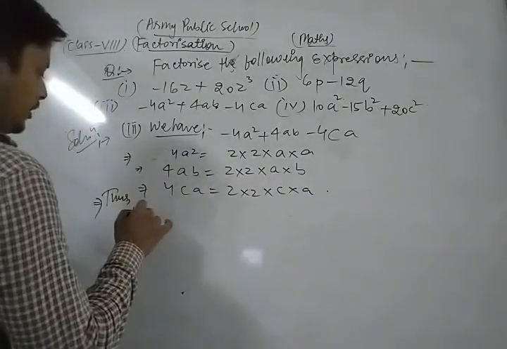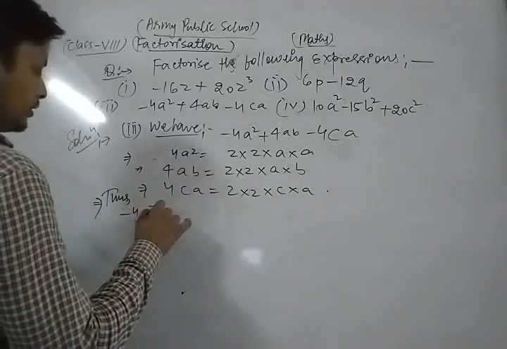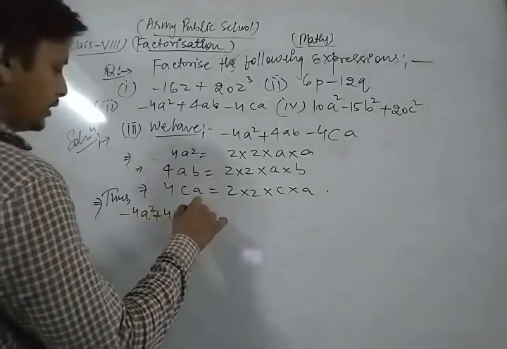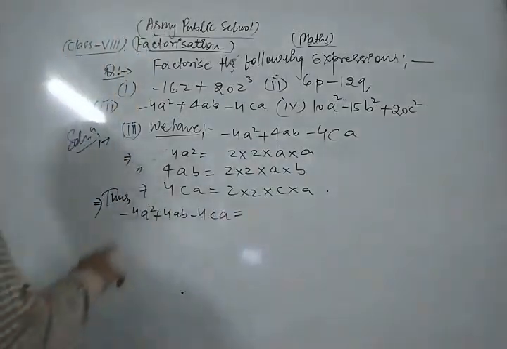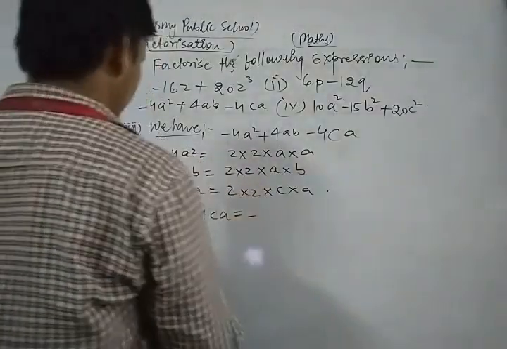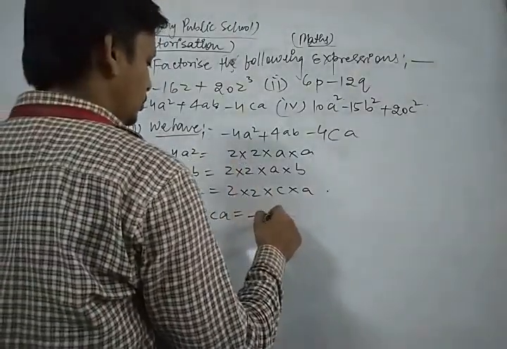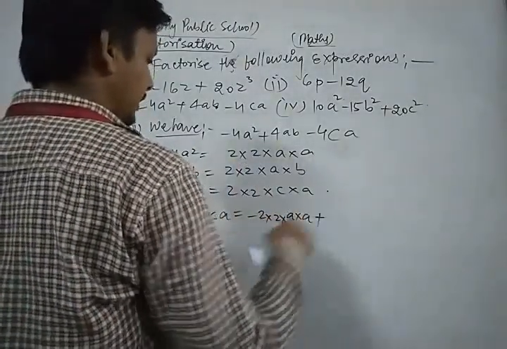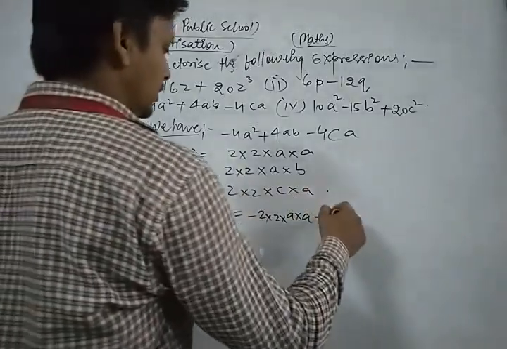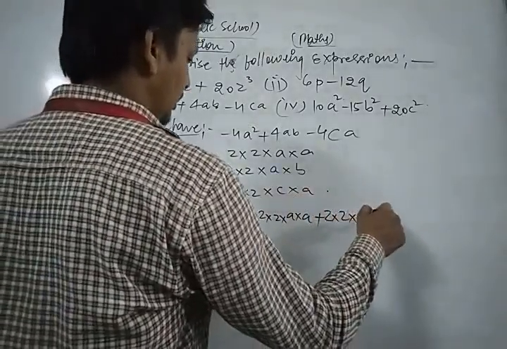Thus the value of minus 4a square plus 4ab minus 4ca is equal to minus, write as it is, 4a square we can write 2 into 2 into a into a. Now plus, write as it is, 4ab we can write 2 into 2 into a into b.